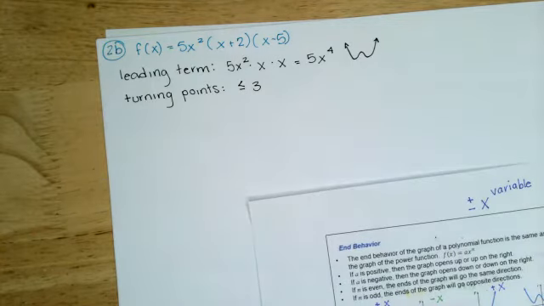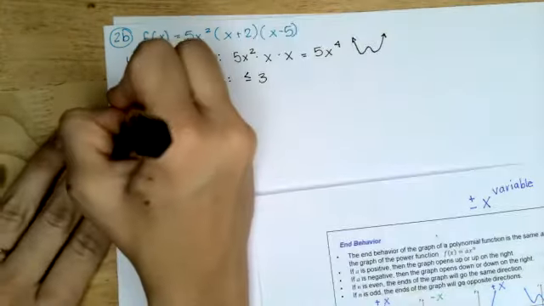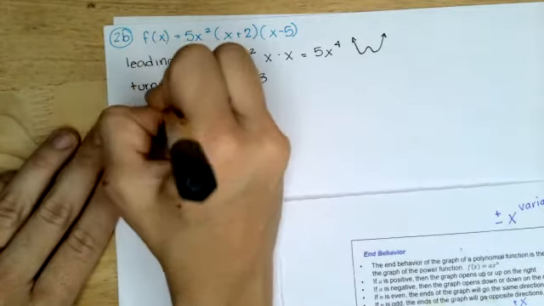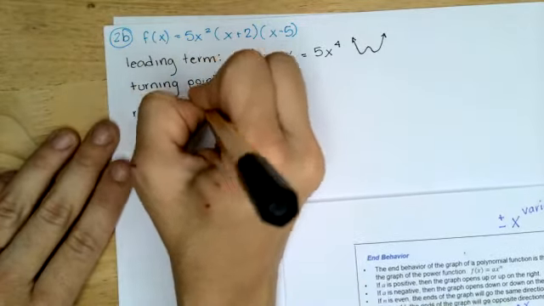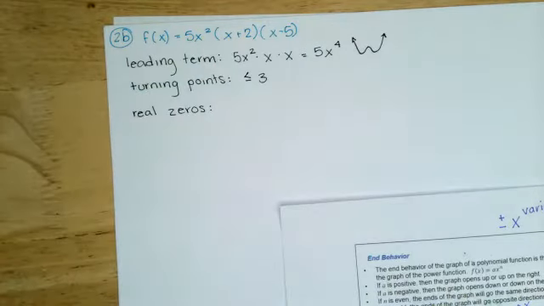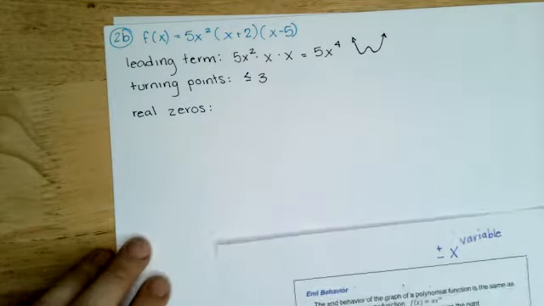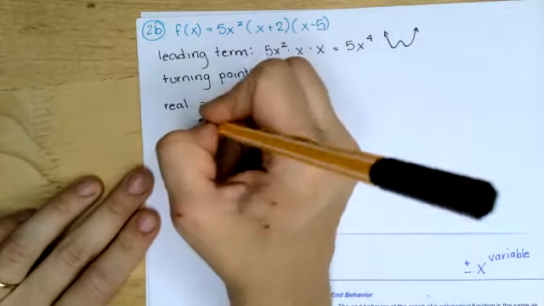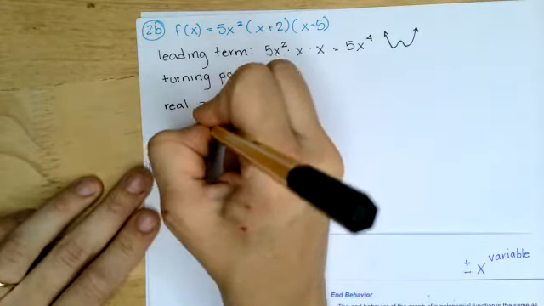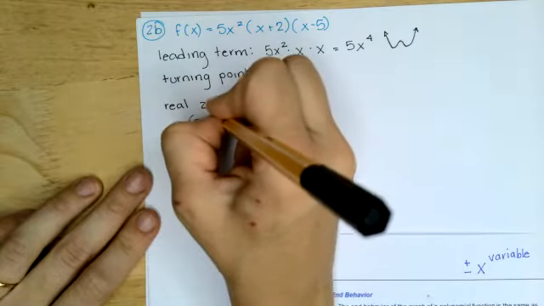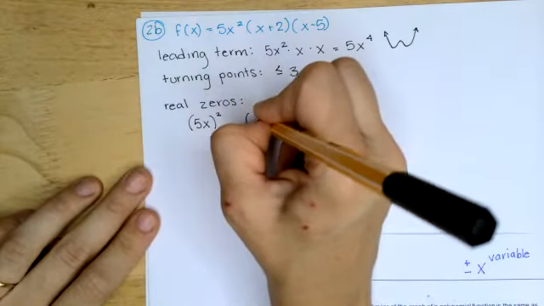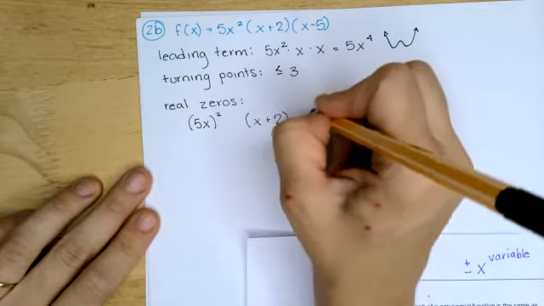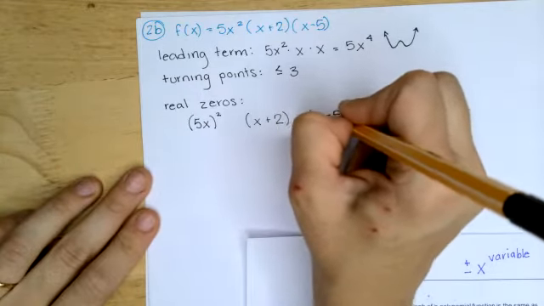That's our end behavior. Now, real zeros. I'm going to do a better job this time. Real zeros means you're just looking at your x's, you're not looking at your constants. So we have 5x squared, x plus 2, and x minus 5, right?